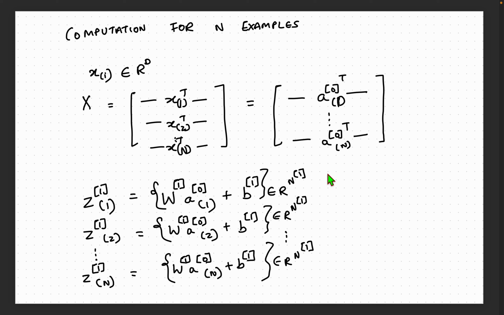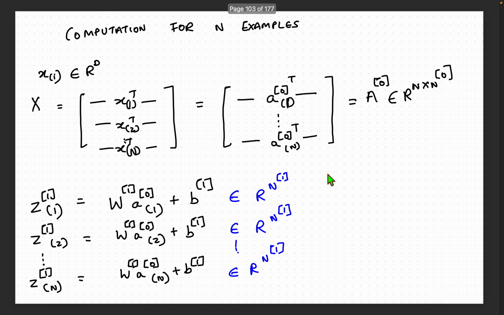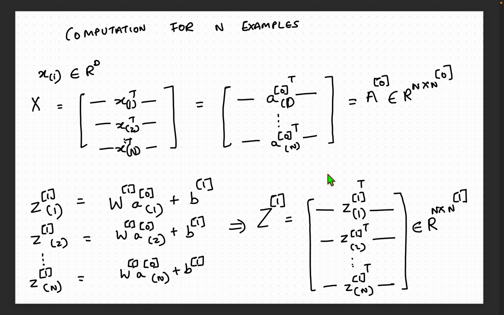Okay, so here we are showing it for 1 to n examples, right? And each of these z is of size n superscript [1]. So if we put this through different rows of a matrix, we are going to get n cross n superscript 1.